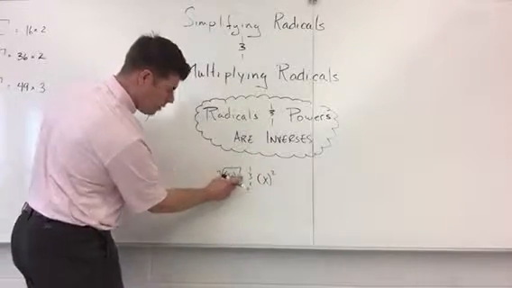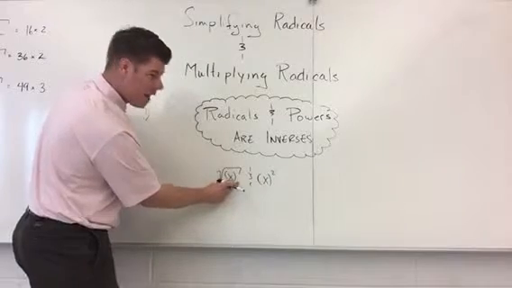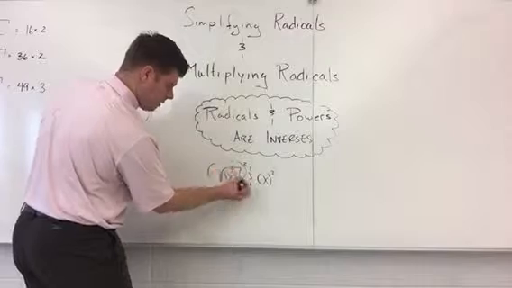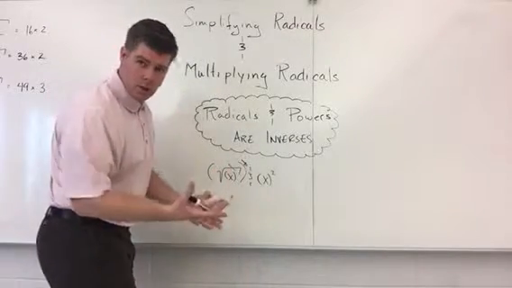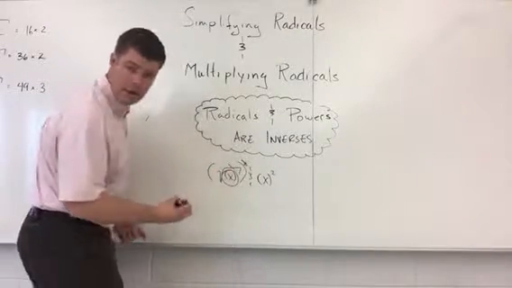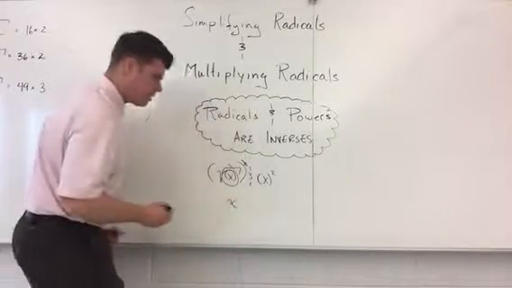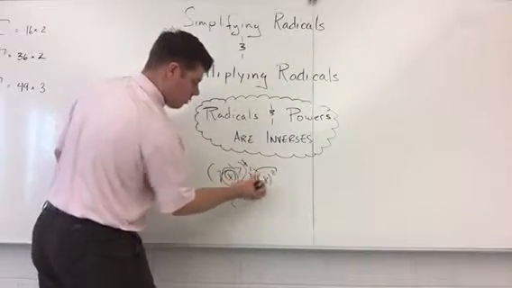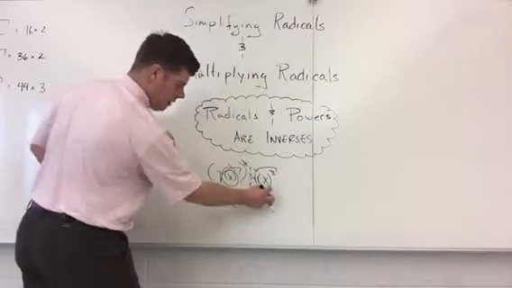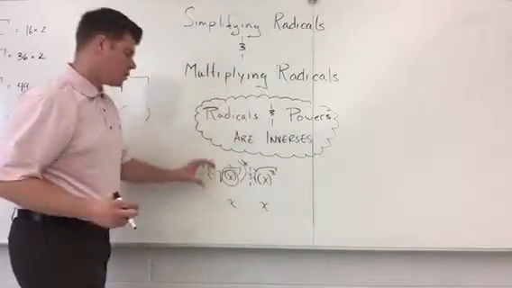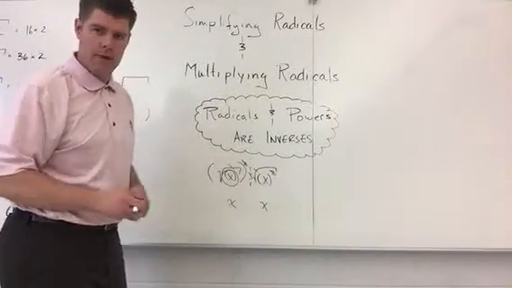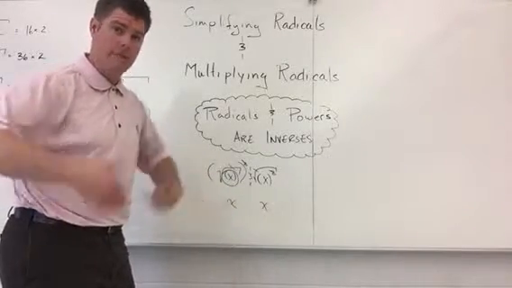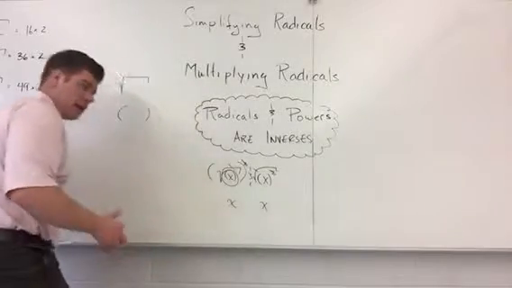If I want to get rid of the square root off of this x, I have to square the whole thing, and then the two undo each other, and I'm left with the basic expression underneath, which is just x. Again, if I want to get rid of a square, I take the square root, and the square root of the whole thing gives me what was under there, which is x. So these two things are inverses of each other. I hope you understood that, because that's the fundamental thing you're going to need for my lesson today.